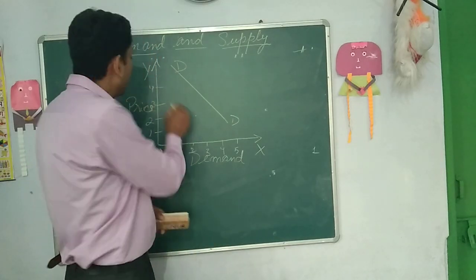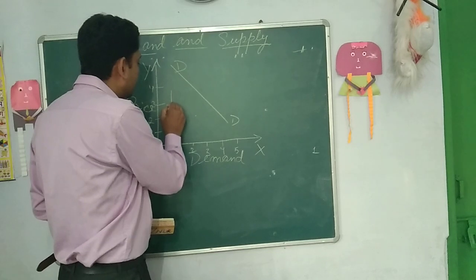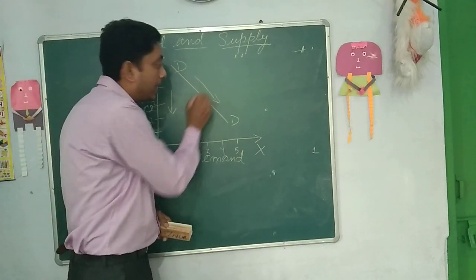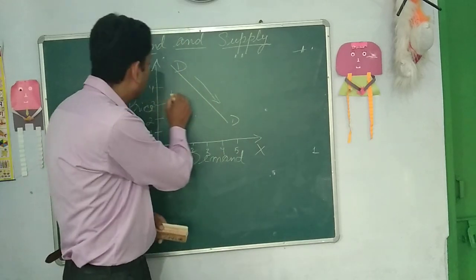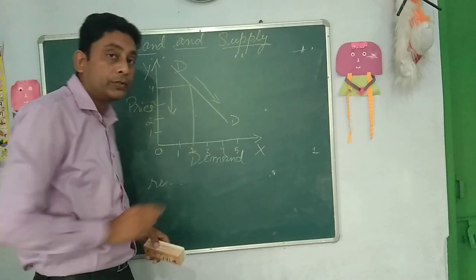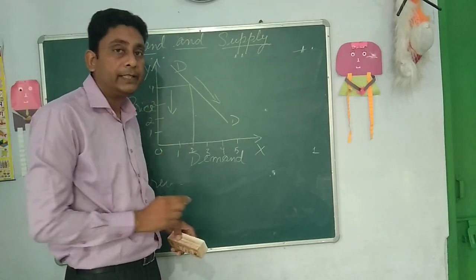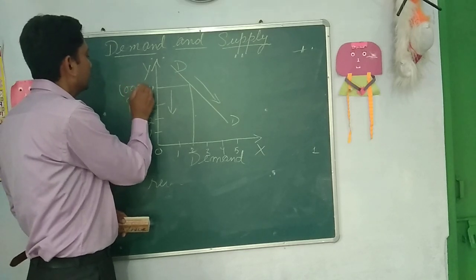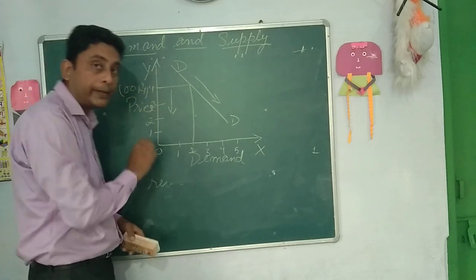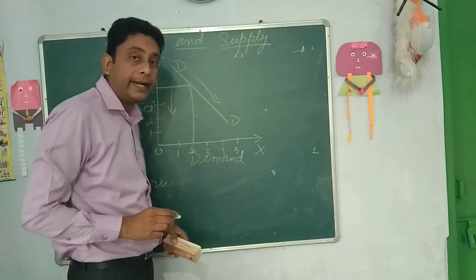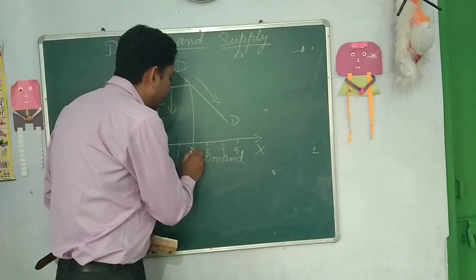We will see that as the price falls, if the price is going down, demand is increasing. Suppose the price of any commodity is 400, in hundreds of rupees. At 400 rupees the quantity demanded is 2.